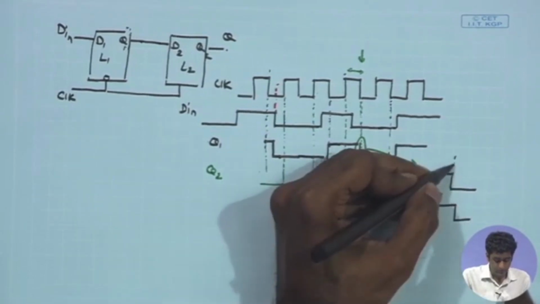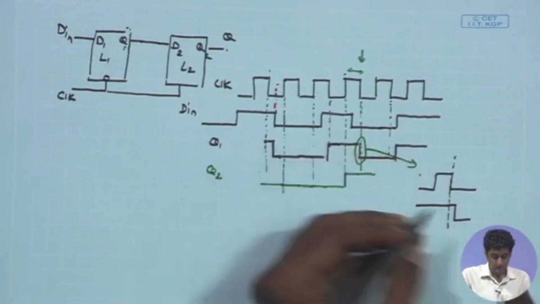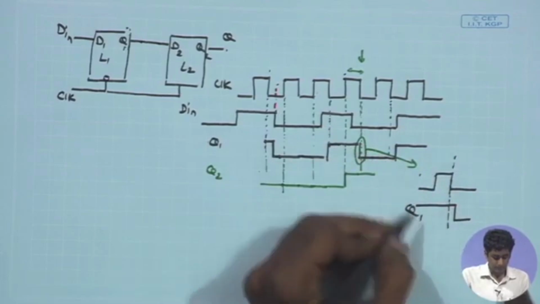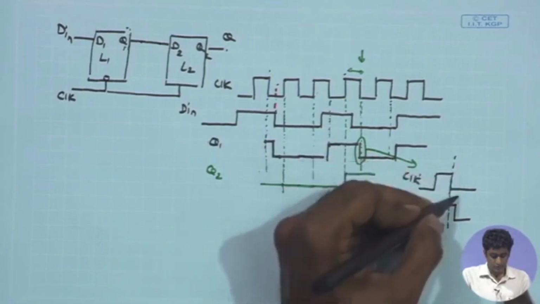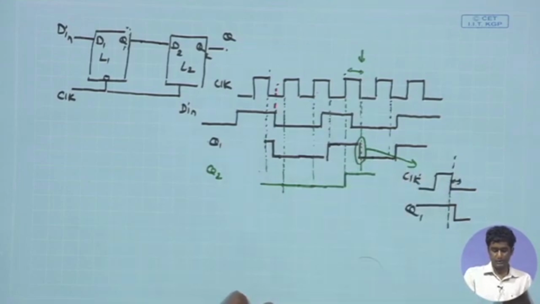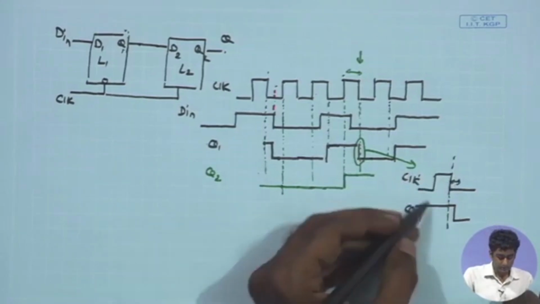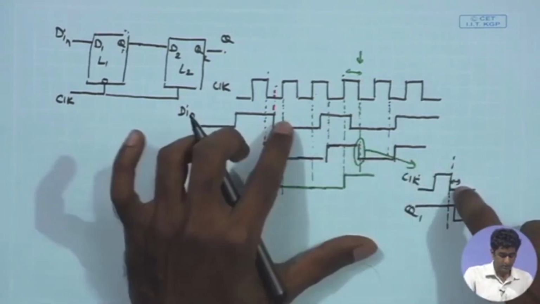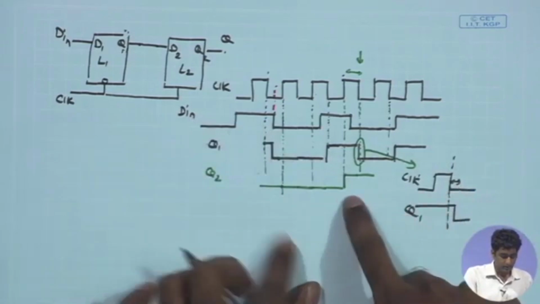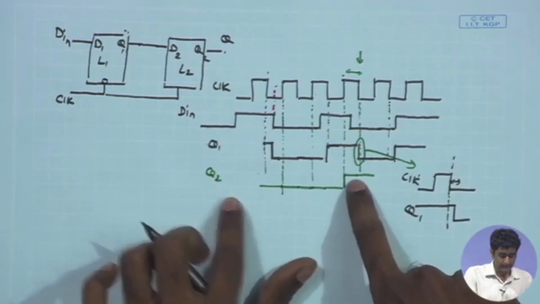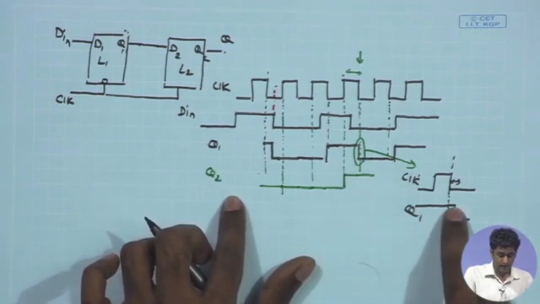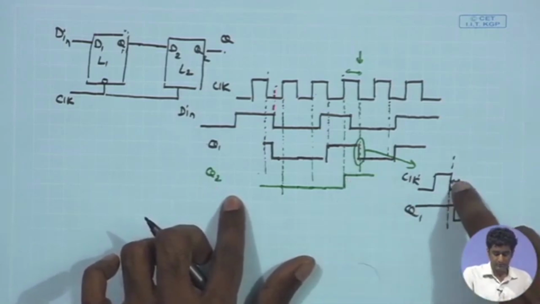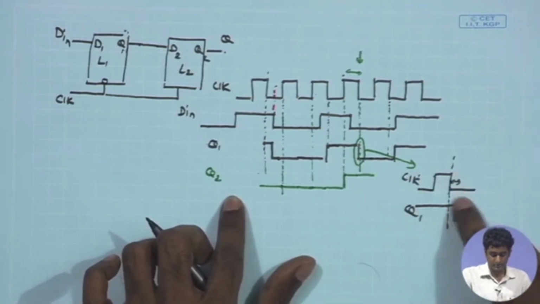So, with respect to the falling edge of the clock, there will be a delay, and as a result, just at the falling edge of the clock, Q2 is receiving a high level, Q1 is remaining high at the negative transition of the clock.